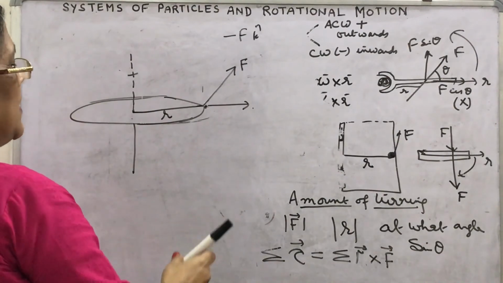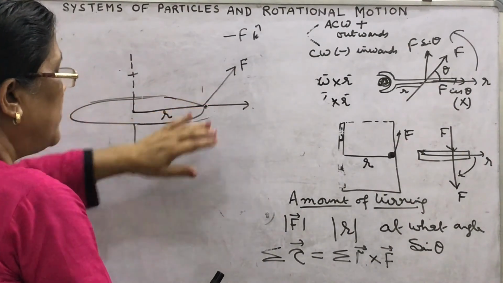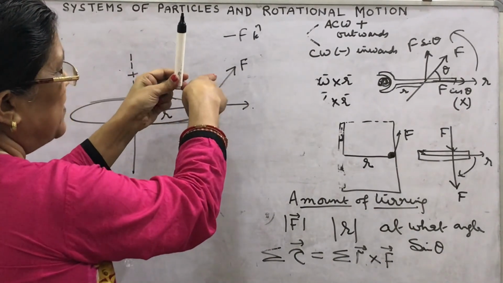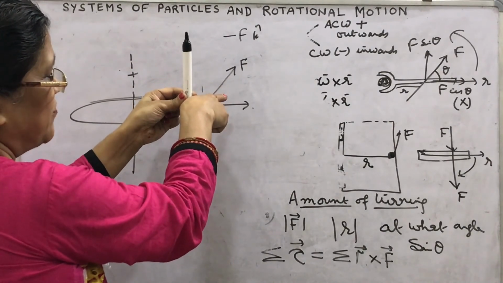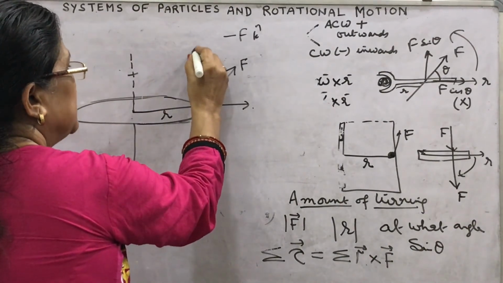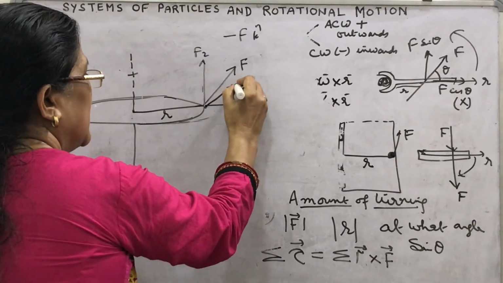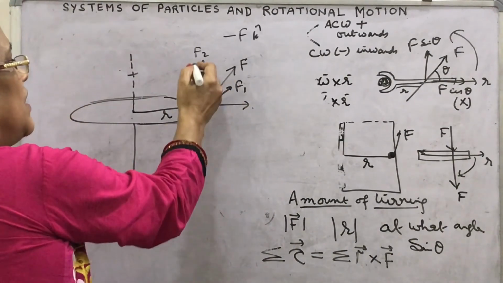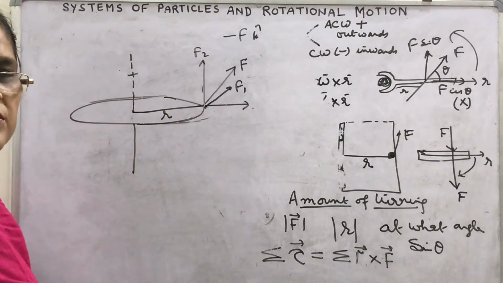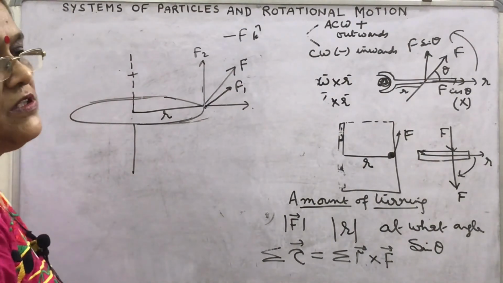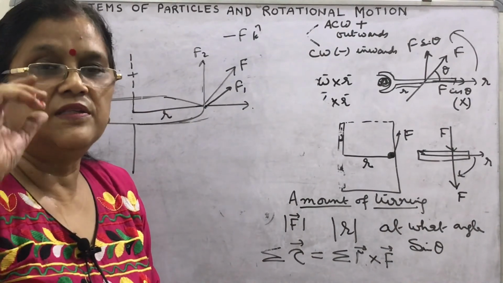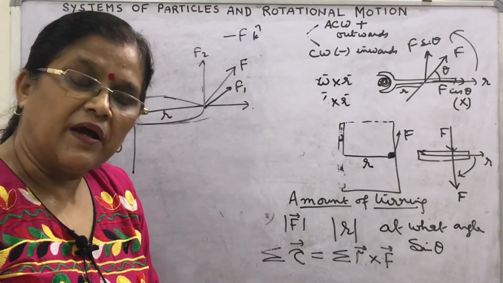Then you can find which component will rotate the disc. This will be the component F1 and this will be the component F2. F1 will produce torque and F2 will not, because F2 is parallel to the axis. So in this way questions are asked based on torque. Learn the logic, learn the fundamental things about the direction and magnitudes of R and F.